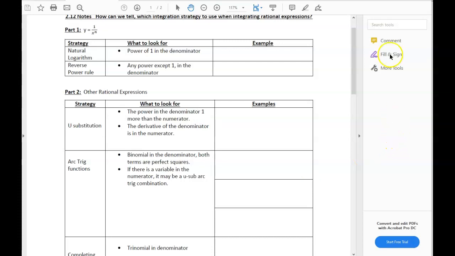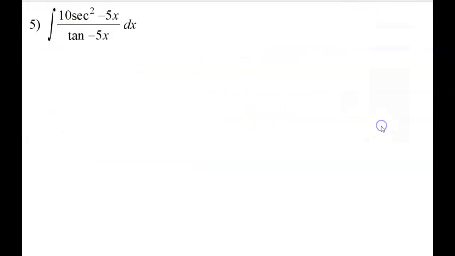So for instance, when I'm looking at this problem here, my denominator is tangent of negative 5x. Well, the derivative of tangent is secant squared. So that's another indication that you're going to be doing u substitution, where you make the bottom equal to your u. So in this case, my u is tangent of negative 5x.